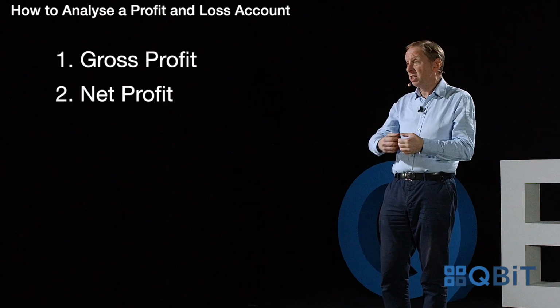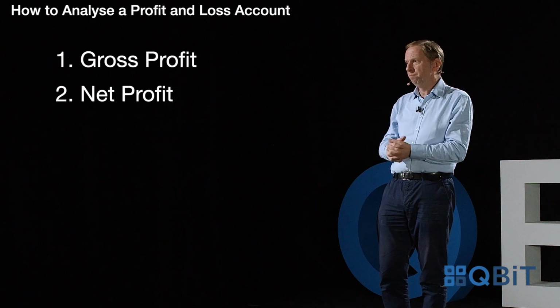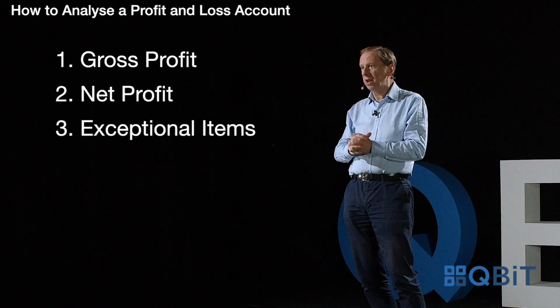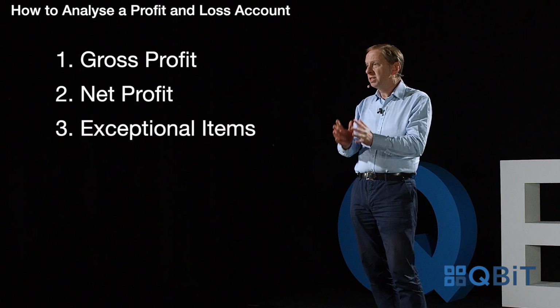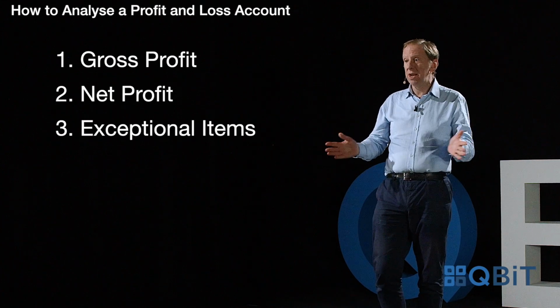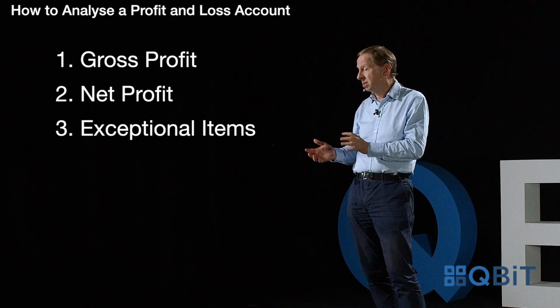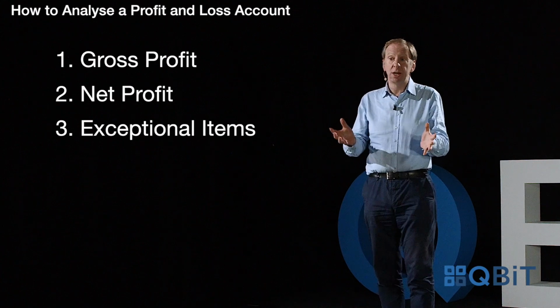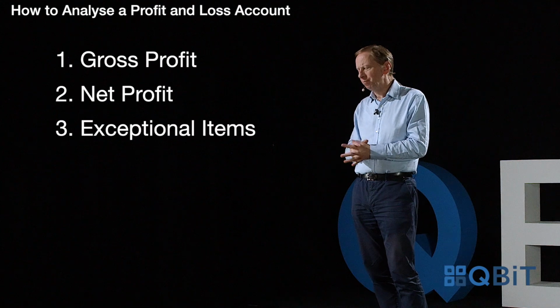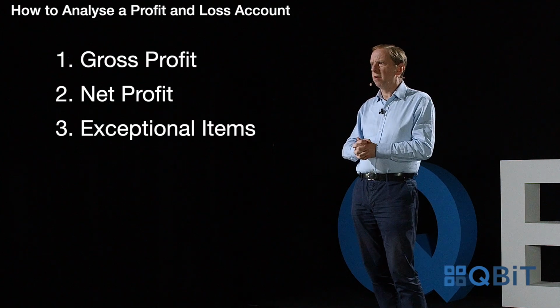That's the profit that is the result of the normal trading. And then the final part, what we would refer to as below the line items, are all of the transactions that fall outside of the normal trading of the business. So the payment of tax is below the line. Exceptional items, items that are one-offs, that are not going to happen year in and year out. That's the structure of the profit and loss account.